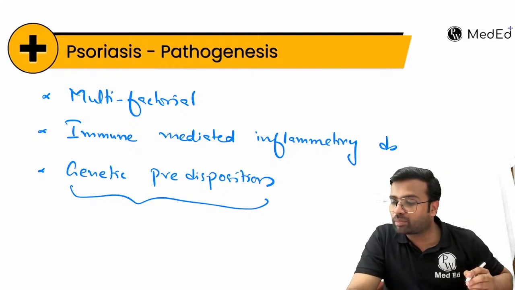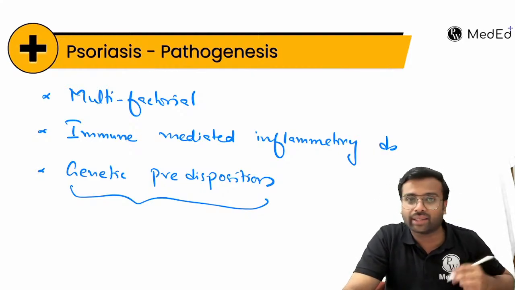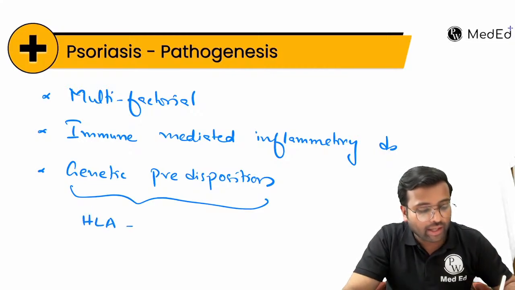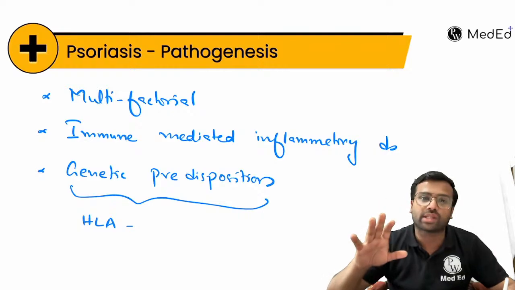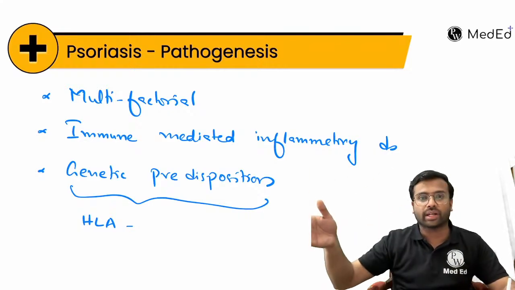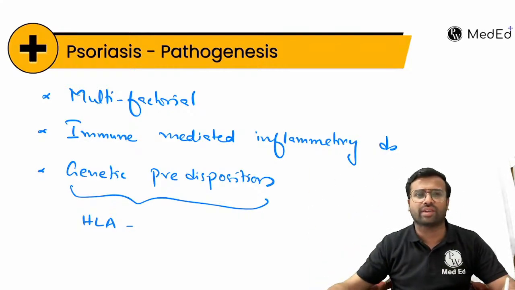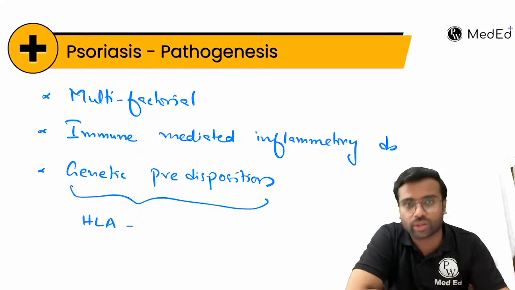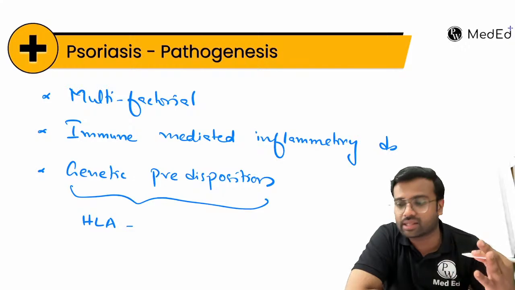Anybody in the chat box, what are the two types of HLA that are associated? The first HLA is going to be something that is associated with early onset disease or very extensive disease. So let us say juvenile psoriasis, early onset or very severe and extensive disease.